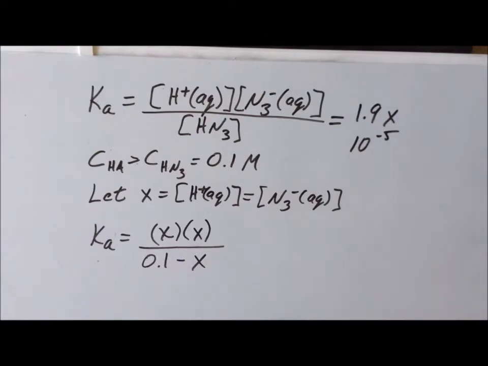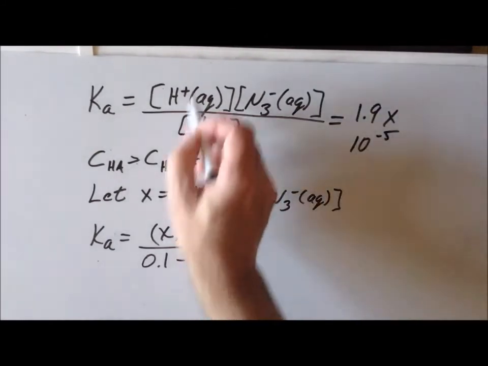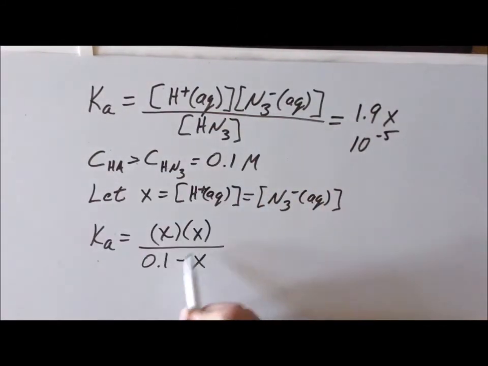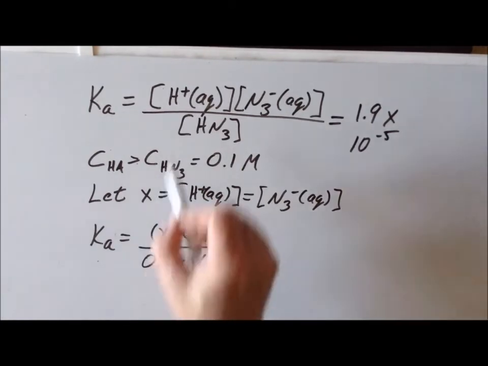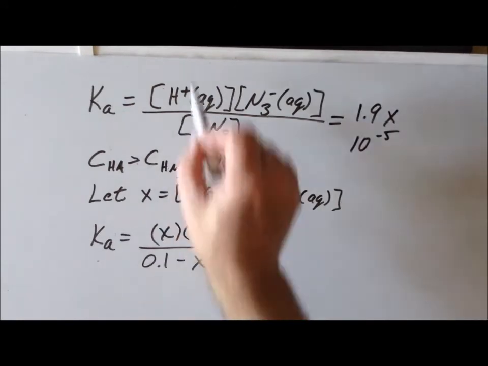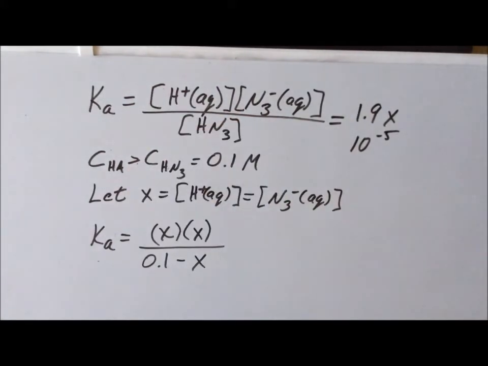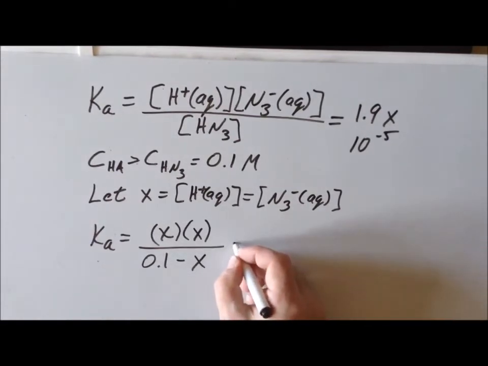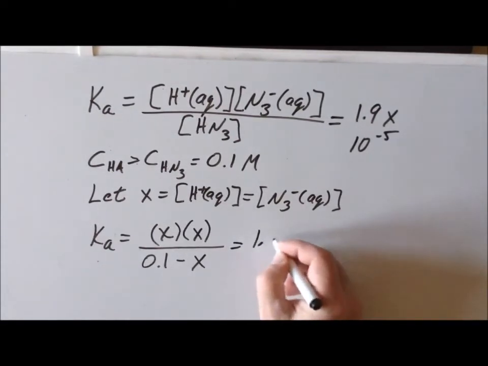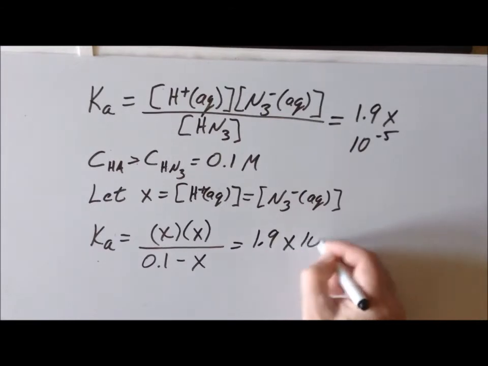And we realize that for every X moles of hydrazoic acid that dissociate, we will get X moles of H plus ions and X moles of azide ions. So this value here is going to be equal to 0.1 minus X. And then we can set this numerically equal to 1.9 times 10 to the minus 5, which is a value that we determined from looking it up in the literature.